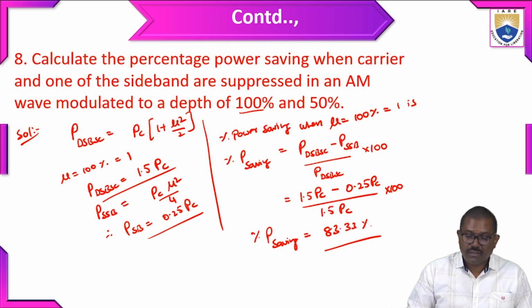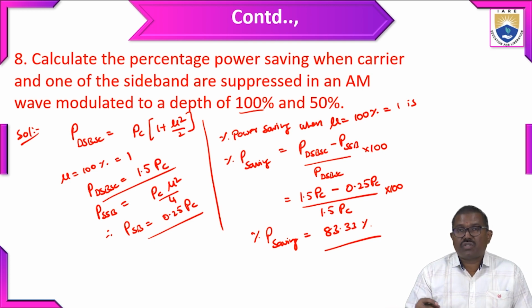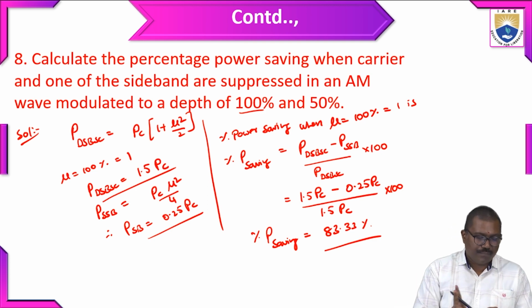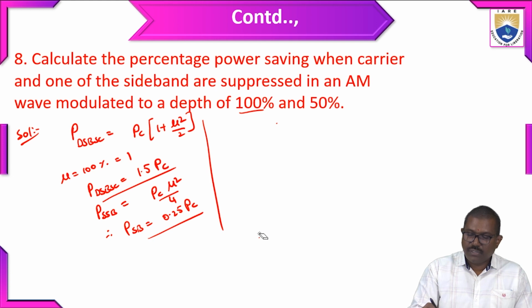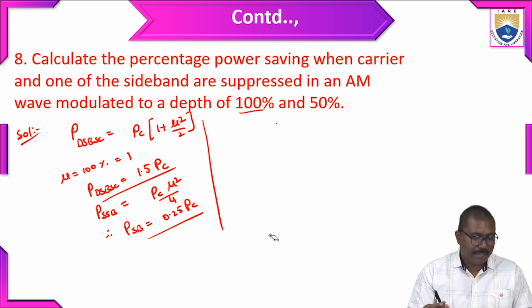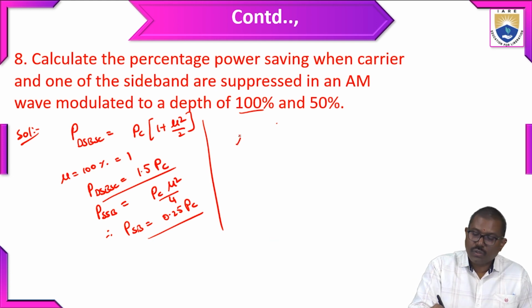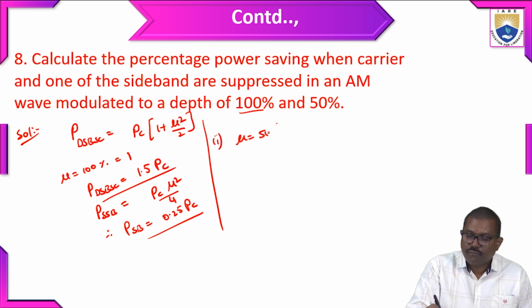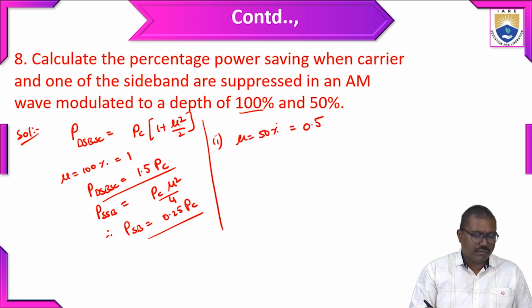Okay, for the second part, that is 50%, mu is equal to 0.5.